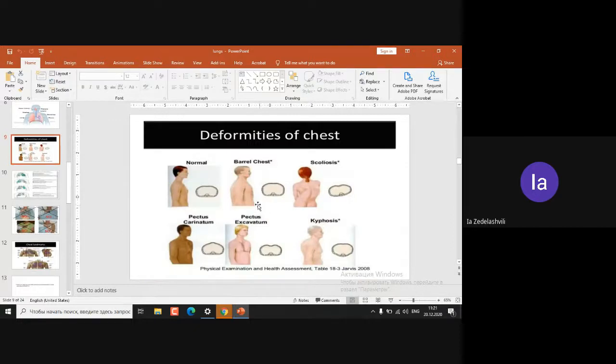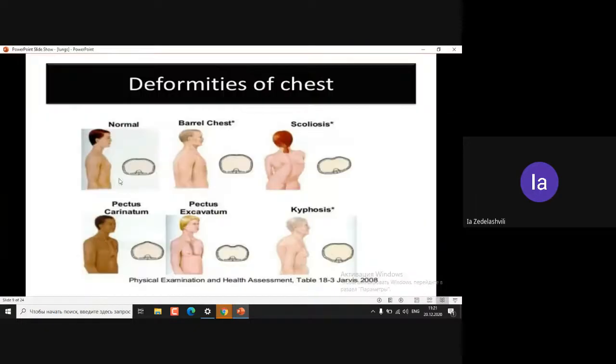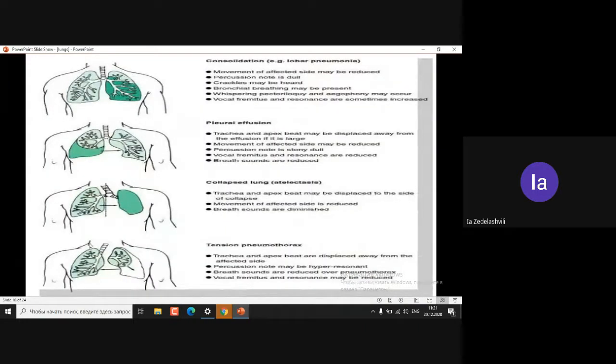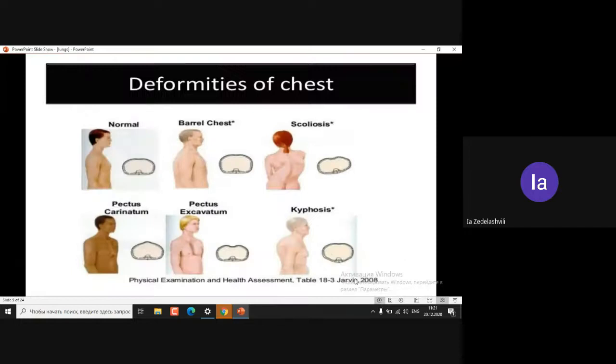Okay, I think this one. So look here, different kinds of thoracic shape.